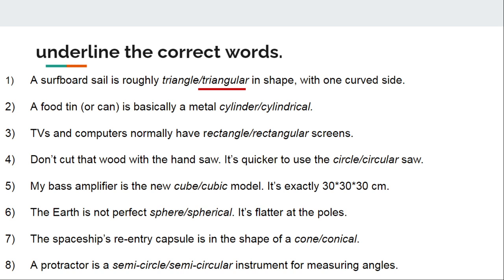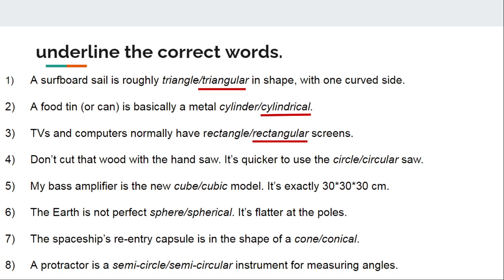Actually, we say a metal cylinder. TVs and computers normally have rectangle or rectangular screens. So we say they have rectangular screens.